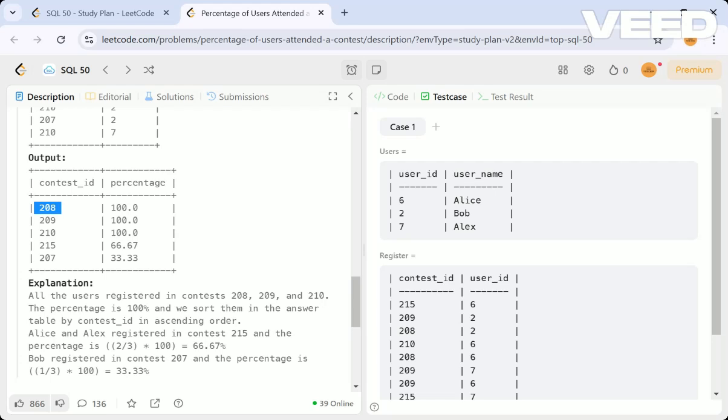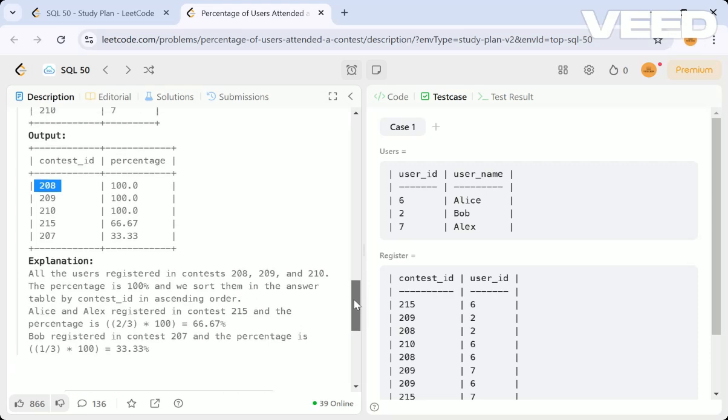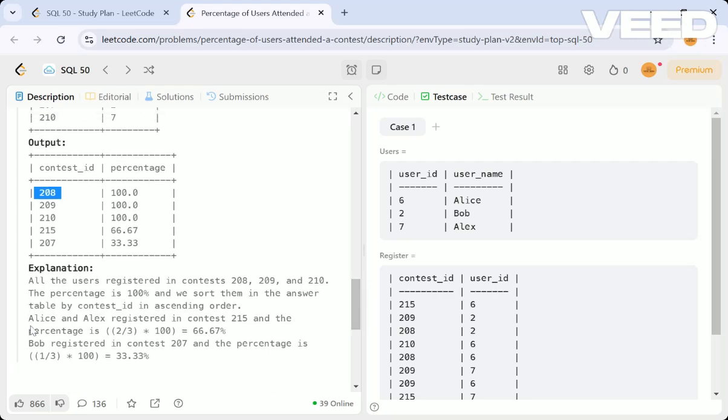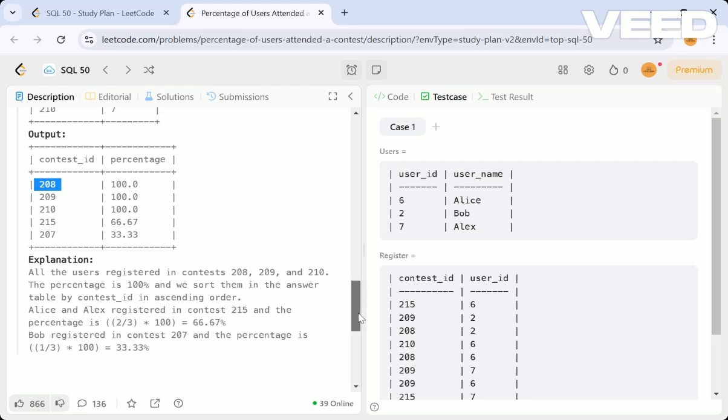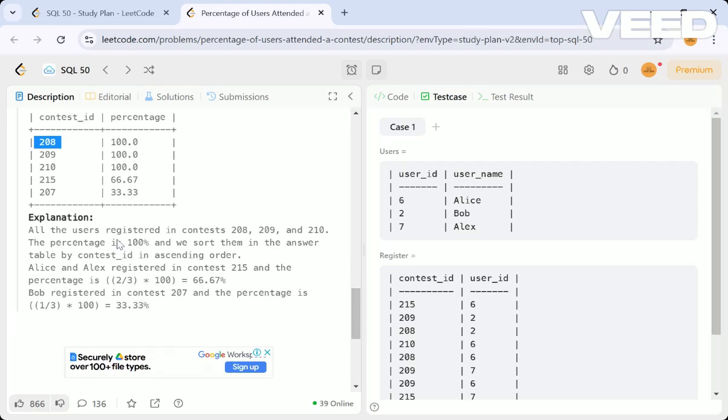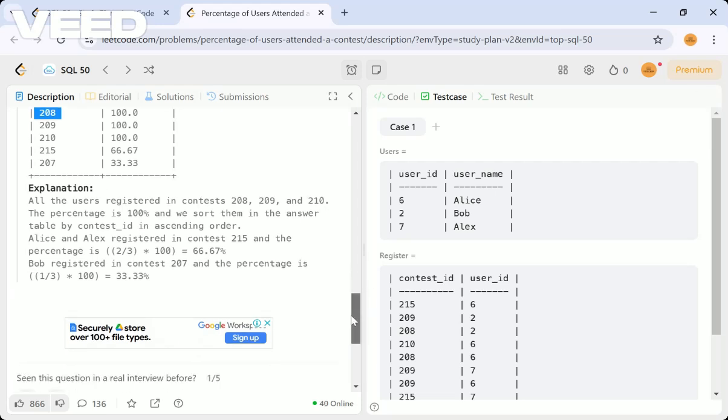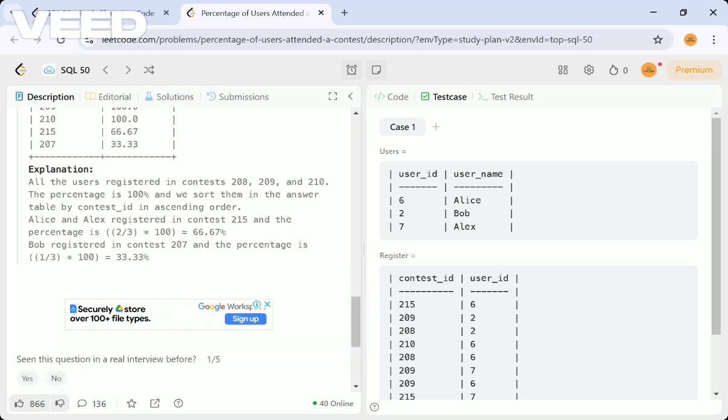The percentage is two persons registered for this, but the total number of registered contests, those people have registered for other contests also. So divide by 3 into 100 is equal to this much.